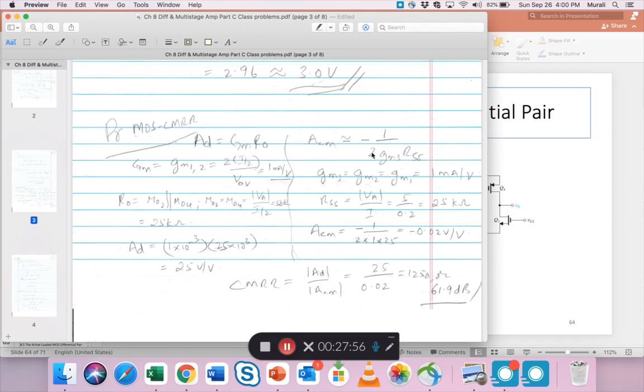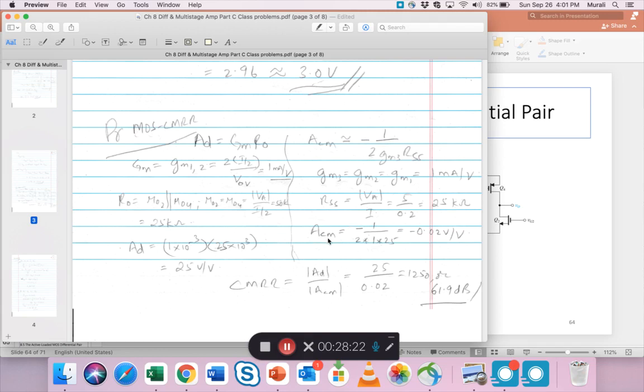ACM, using this formula, now GM3, GM2, GM1, they're all the same, which is this 1 milliamp. RSS uses this formula, the early voltage by I, which is 25K. So ACM, substituting into this, you get minus 0.02 volts per volt.